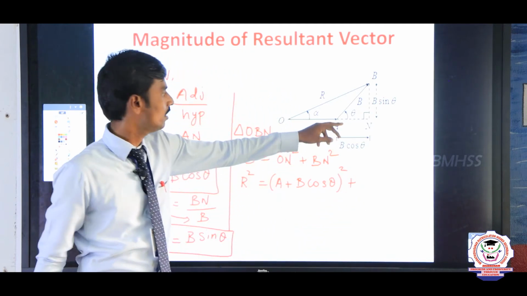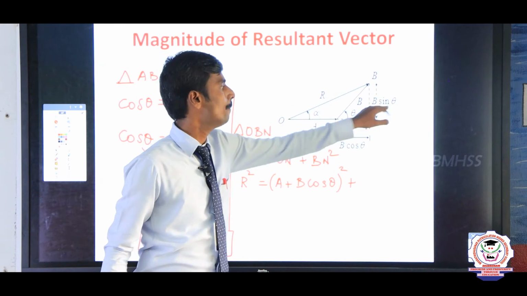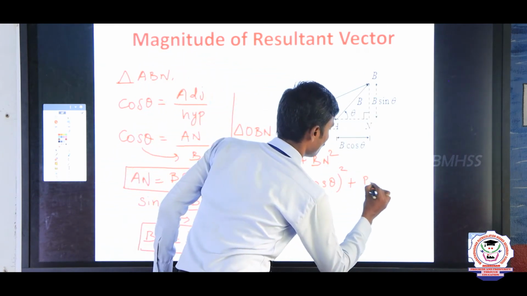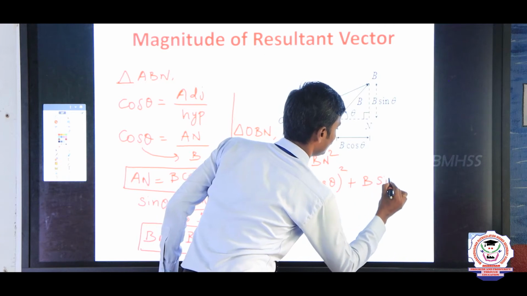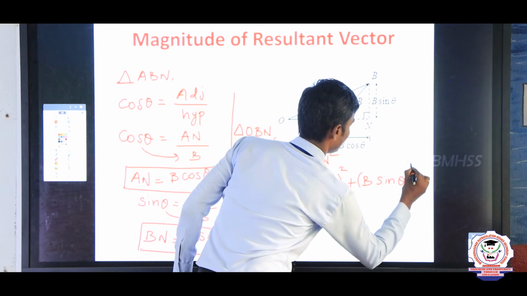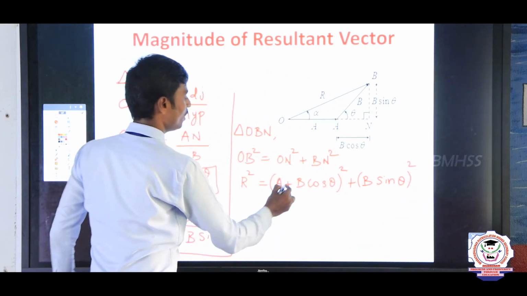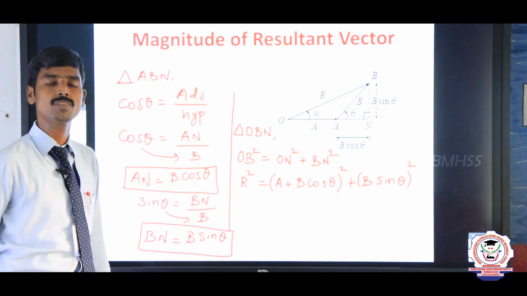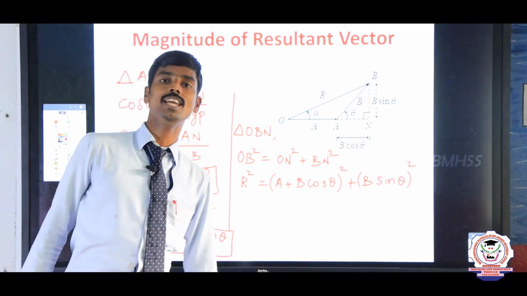What is BN? BN equals B sin theta. So B sin theta whole square. What is the formula for A plus B whole square? A square plus B square plus 2AB.